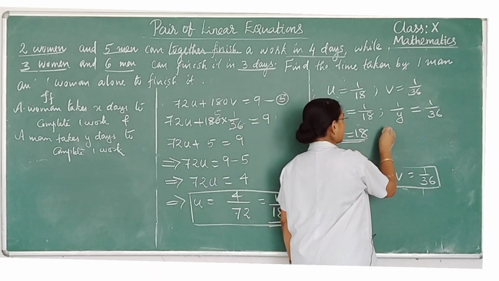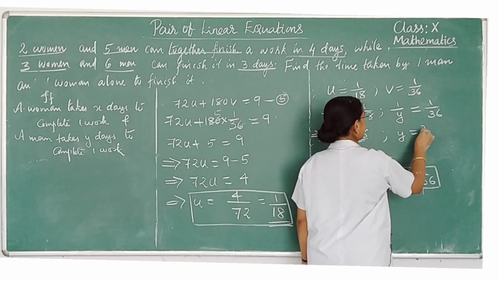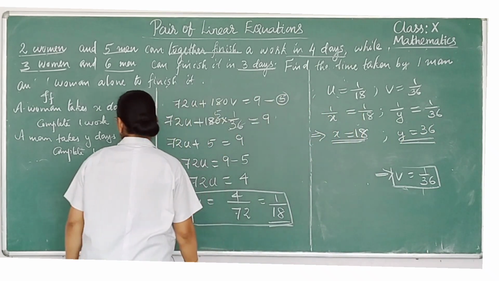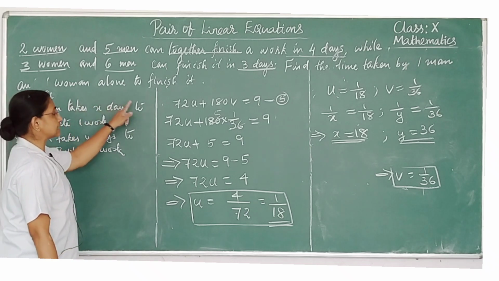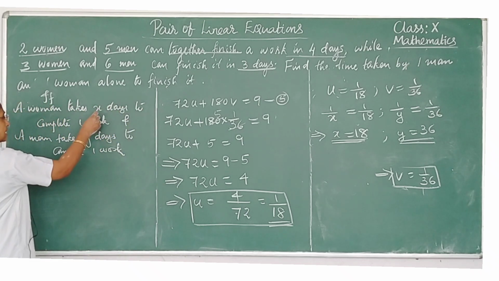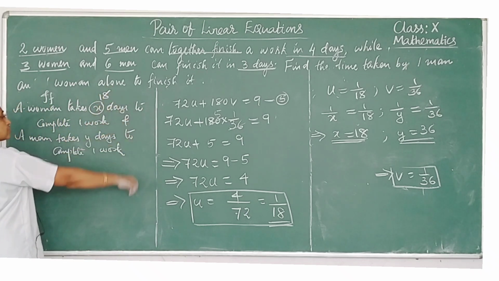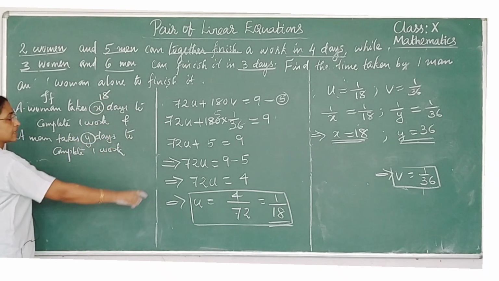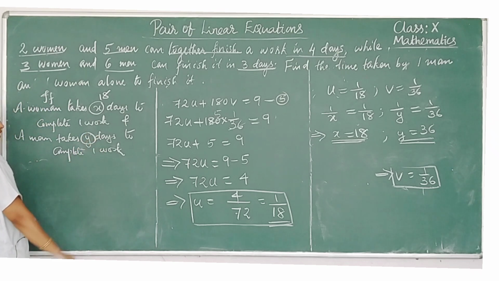Here taking reciprocal, you get y equals 36. Thus we can conclude, a woman takes x days to complete one work. What is x? A woman takes 18 days to complete one work, and a man takes y days to complete one work. What is y? Y equal to 36.